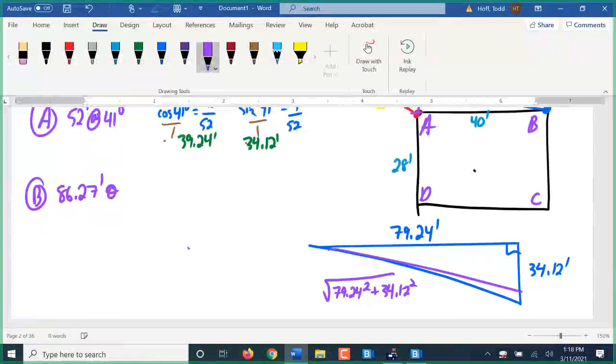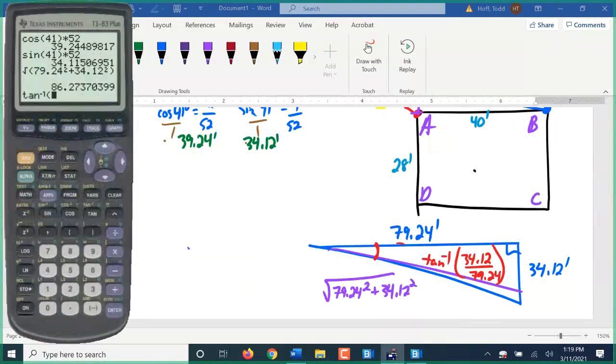At this angle here, well, the tangent to that angle would be 34.12 over 79.24. So the angle is going to be an inverse tangent.